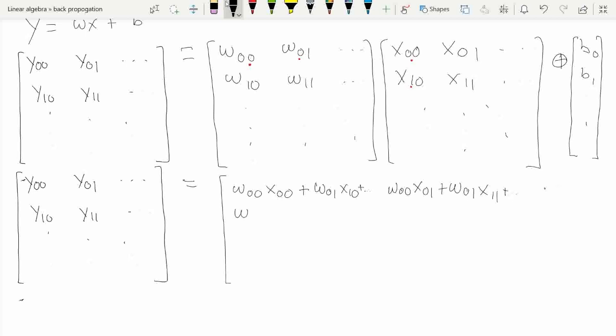Then W 1 0 times X 0 0 plus W 1 1 times X 1 0, and so on, and then W 1 0 times X 0 1 plus W 1 1 times X 1 1, plus dot dot dot.